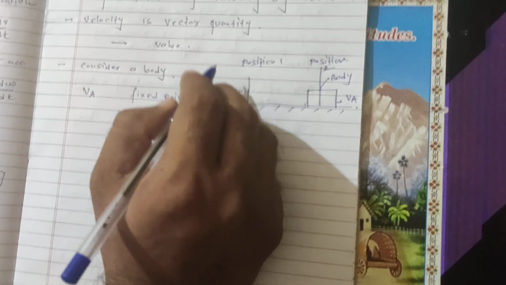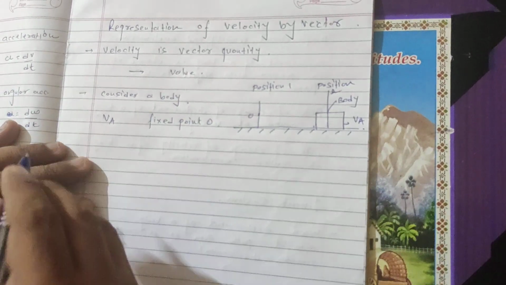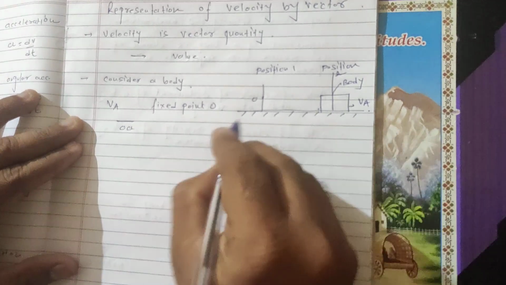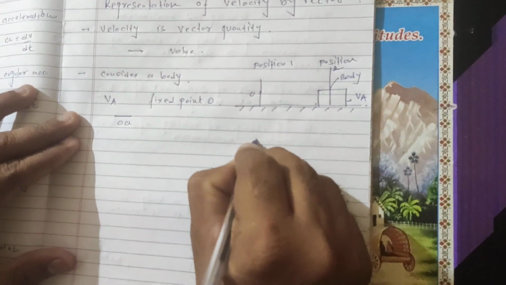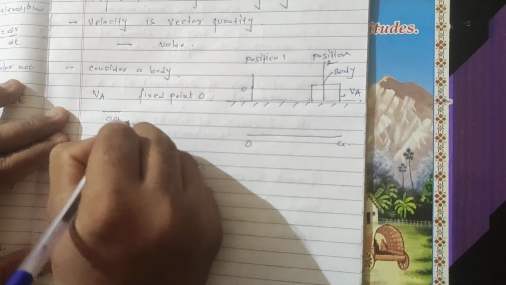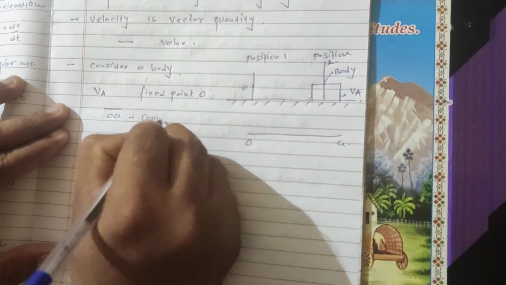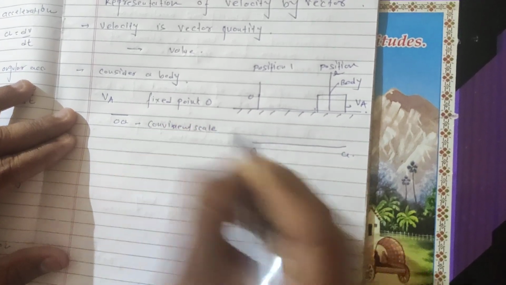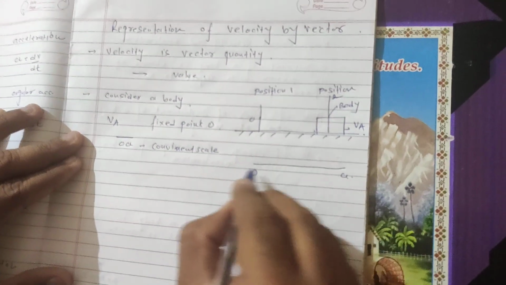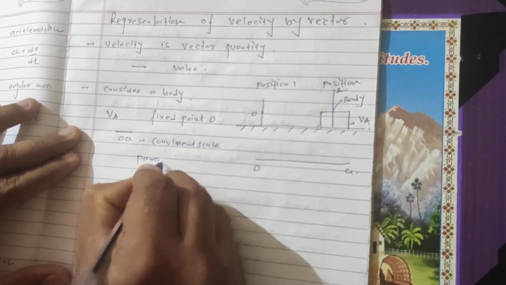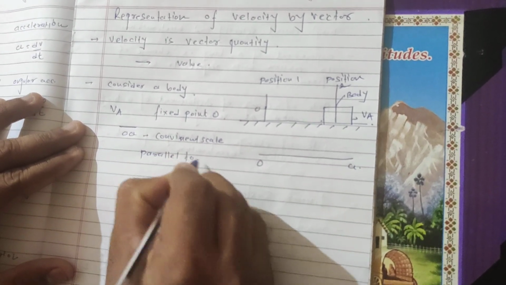So it may be represented by some vector, like OA. Here we draw the vector OA with a convenient scale, parallel to the above figure.